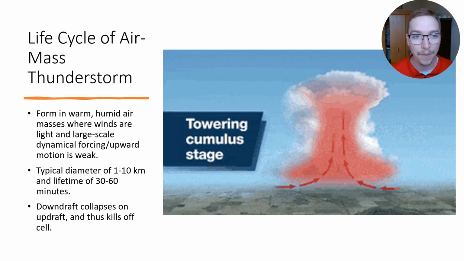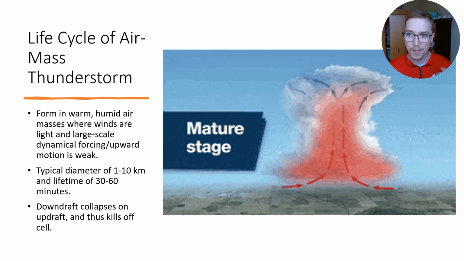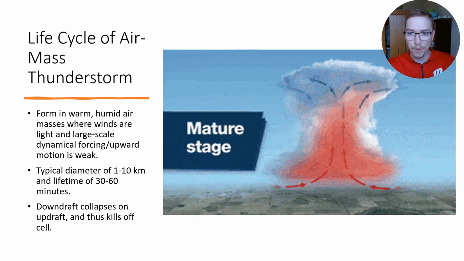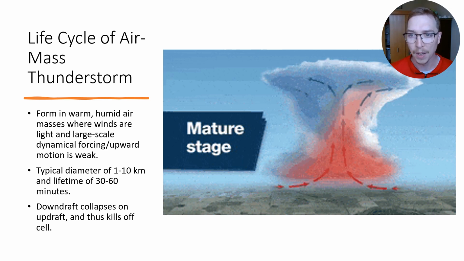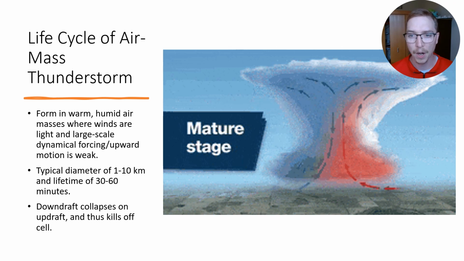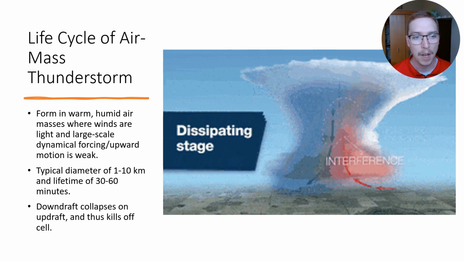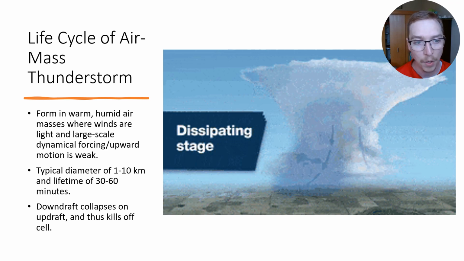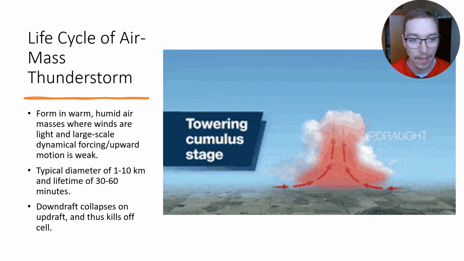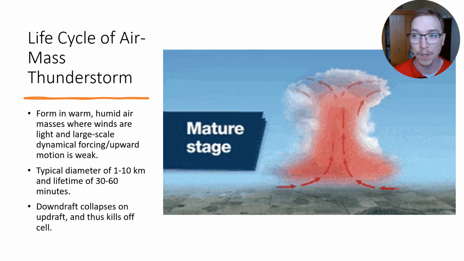So if we're to look at the life cycle of an air mass thunderstorm, we've got this rising parcel of air that is reaching altitude, capped maybe by some type of thermal layer. We'll let this play a couple of times here. These form in warm, humid air masses where winds are light and large-scale dynamical forcing and upward motion is weak.